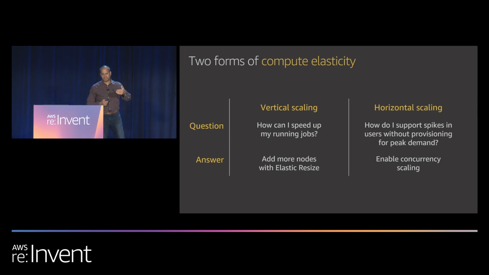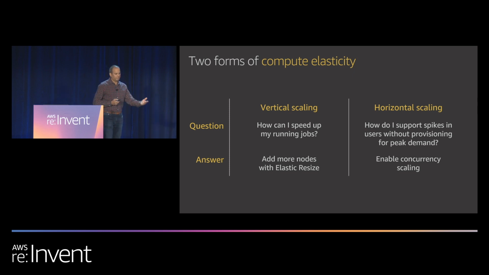And once it's your turn at the ticket window, the time it takes for them to issue a ticket to you is your processing time. Having multiple ticket windows open simultaneously is what is called horizontal scaling, versus if the ticket window person becomes more efficient and issues tickets in less time than before, that's vertical scaling.